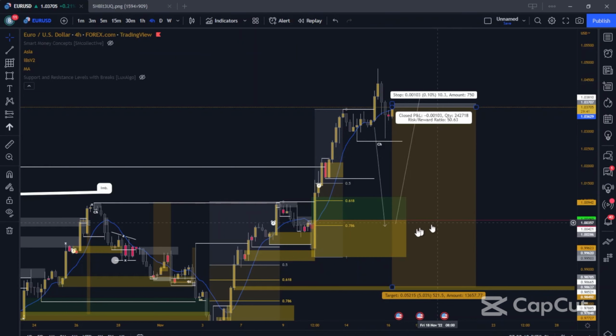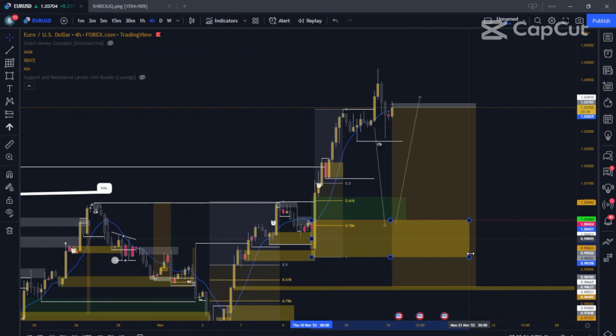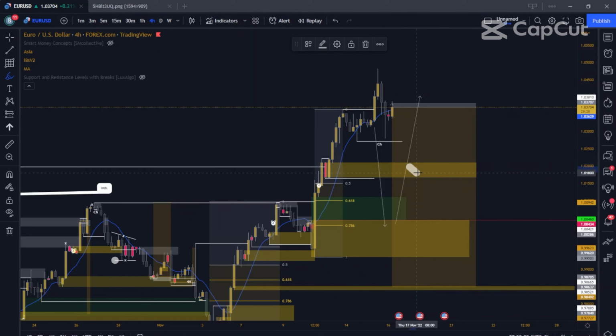But if you find a long position in any of these demands, you're going to enter a long position while the sell position is open, just in case price decides it wants to react and break structure from this demand.